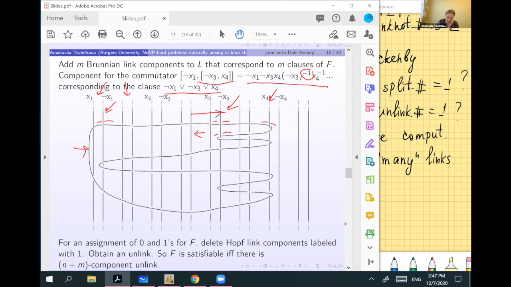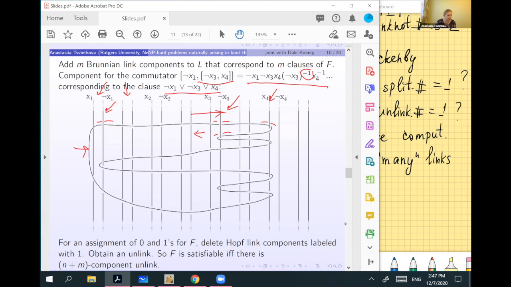If I ignore the rest for now, what I will do, for an assignment of true and false, or zeros and ones, for f, whenever I have x1 assigned true, x1 assigned 1, I will just erase it from the picture. And that will actually give me an unlink. So I will get that f is satisfiable if and only if there is an n plus m component unlink.